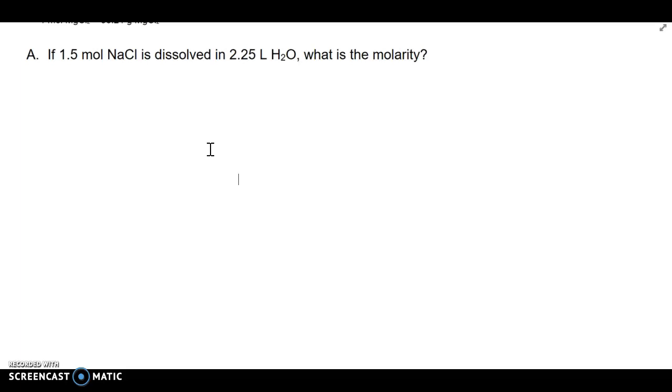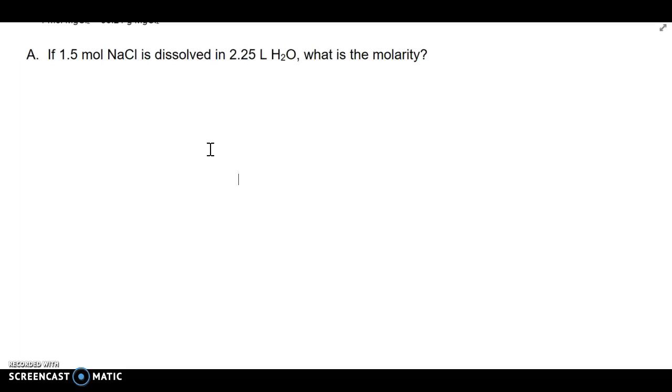So what's the concentration? If you think about it, it's kind of like putting food coloring in water. If the concentration is higher, the food coloring is going to be very bright and bold, and if the concentration is low, it's going to be very faint or very hard to see the coloring in the water.